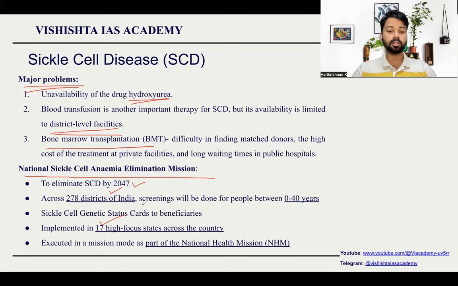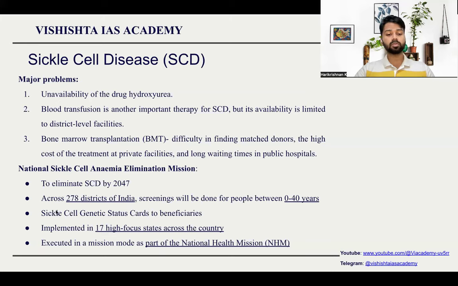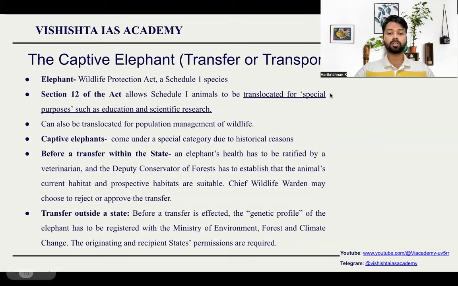And here, what the government will be doing is it will screen people who are between 0 to 40 years of age, and they will provide a sickle cell genetic status card, which will show whether a person has the sickle cell disease or not. It is like an identity card, and it is executed in a mission mode as a part of national health mission. So the major aim here is to completely remove sickle cell anemia by 2047.